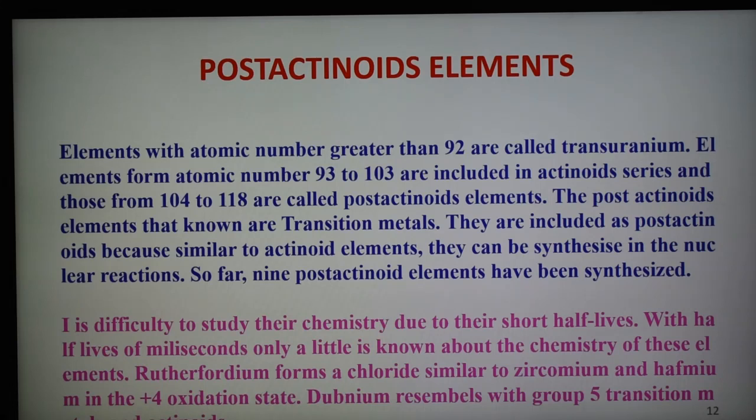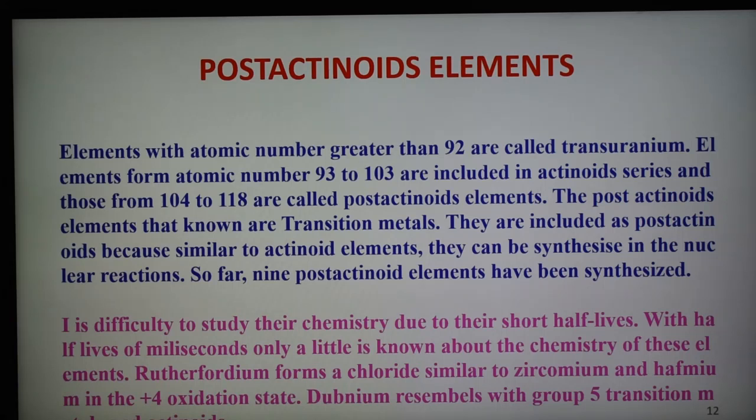Rutherfordium forms a chloride, RfCl4, similar to zirconium and hafnium in the +4 oxidation state. Dubnium resembles both the group 5 transition element niobium and the actinoid protactinium, with oxidation state 5. So these are some of the elements after atomic number 104.